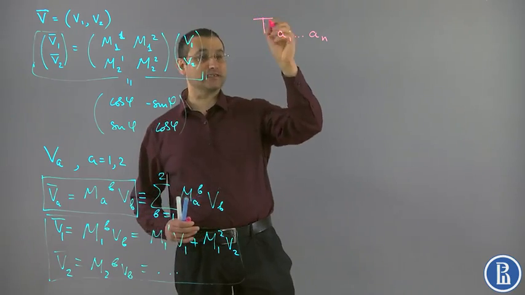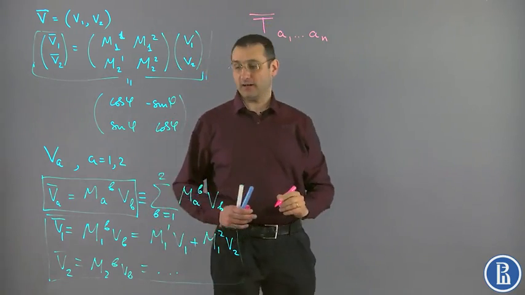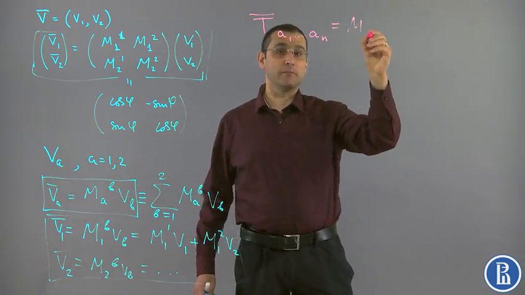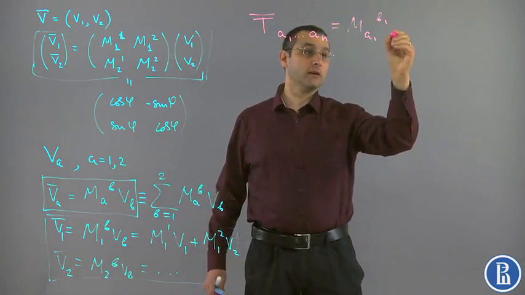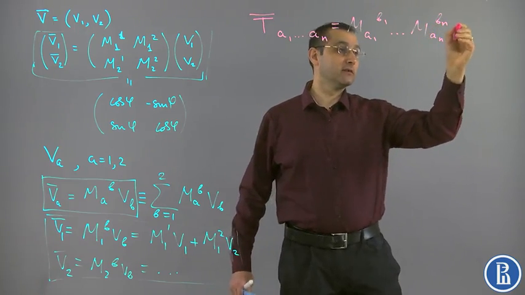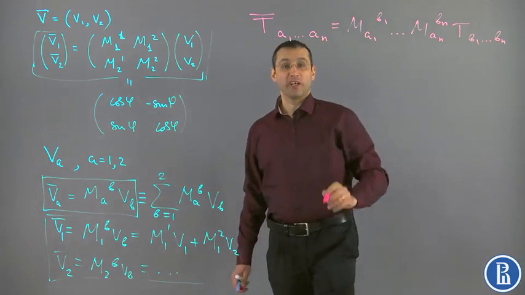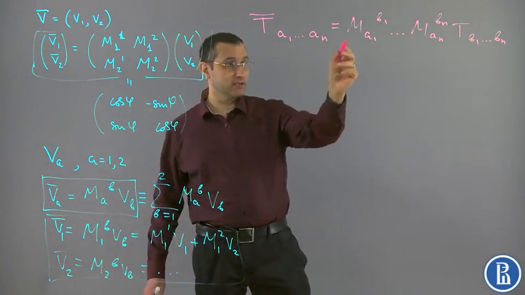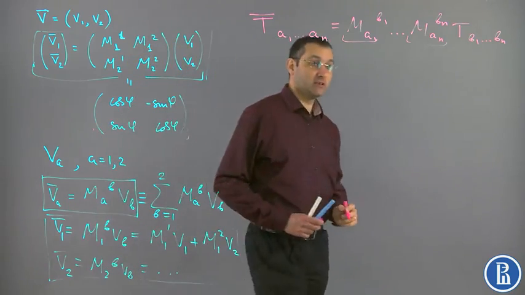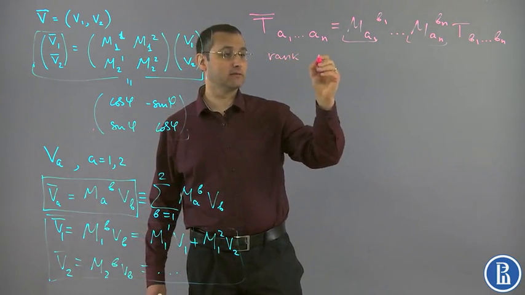A tensor is some collection of quantities which transform under rotations, under coordinate transformations, as follows: M_a1b1 ... M_anbn times T_b1...bn. So on each of the n indices, there is an action of the same matrix. This is called a rank n tensor.